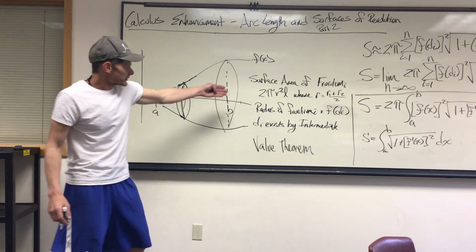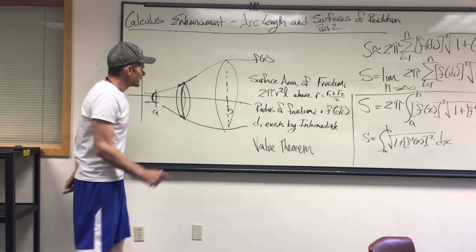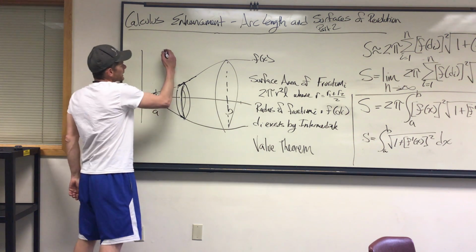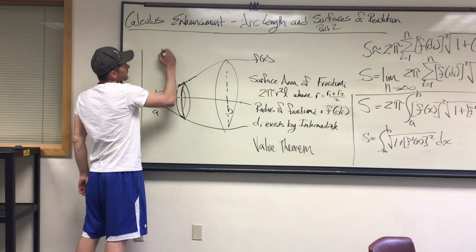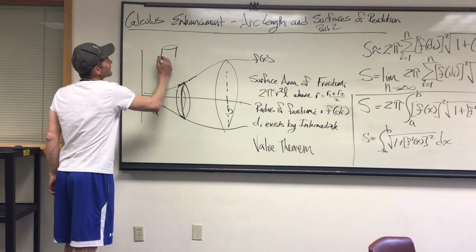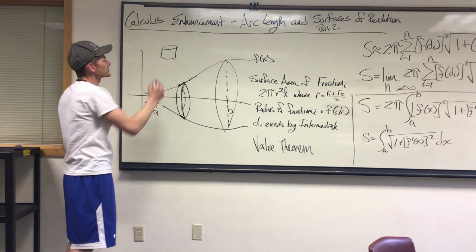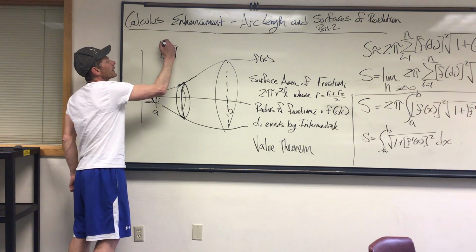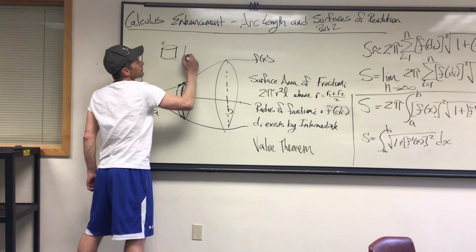The surface area of a frustum is 2 pi, well, if I'm talking about a regular cylinder here, the surface area is just 2 pi r, and we can think of unfolding it.